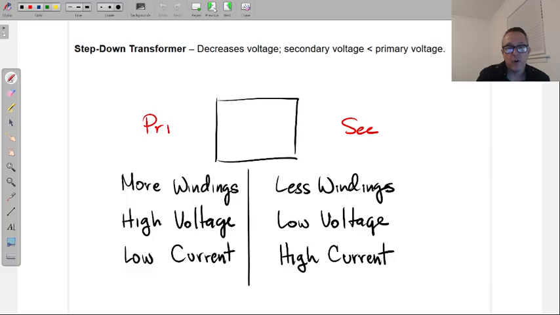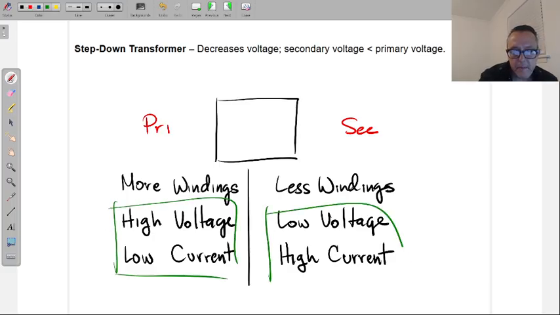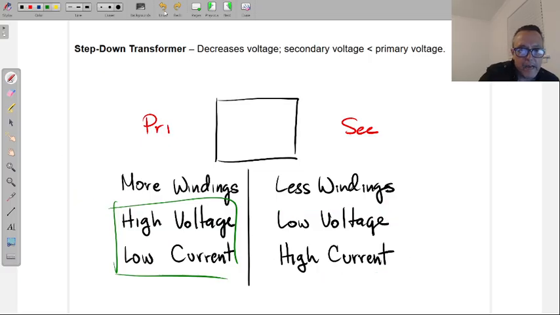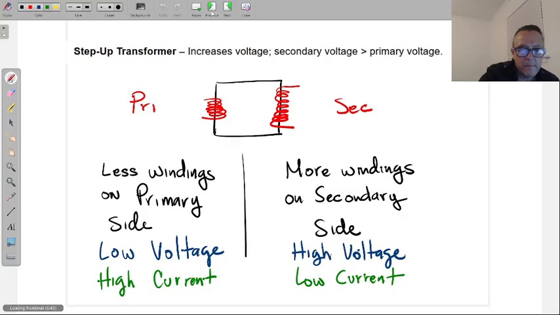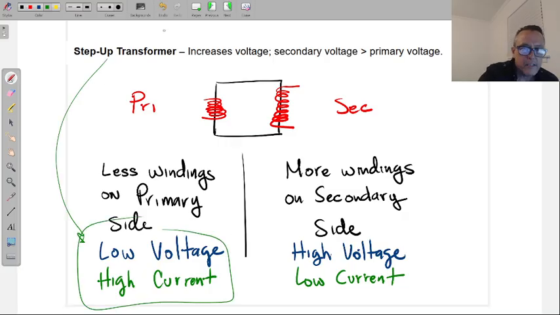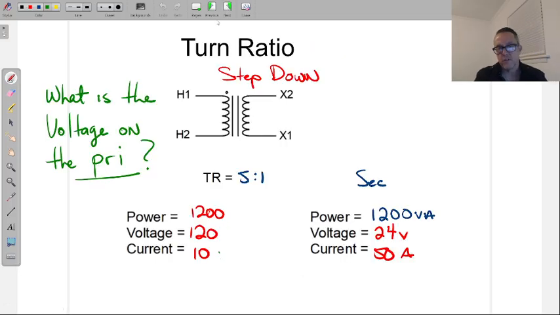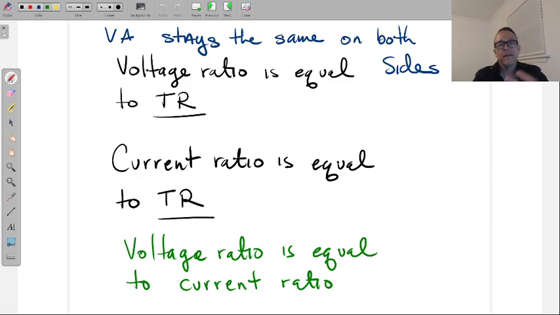But again, it boils down to, if you can understand these 2 points that we made here for the step down and the notes that we had yesterday for the step up, that step-up transformer has the same. So it helps you learn how to use the turn ratio to your advantage to understand the voltage versus the amperage as well. And again, knowing that they're equal to each other gives us that ability.